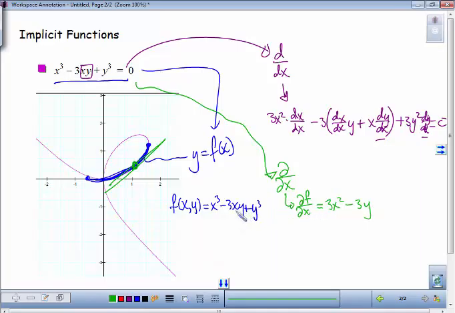And then the y cubed is gone. And then let's take the partial of this with respect to y. This is going to be negative 3x plus 3y squared.